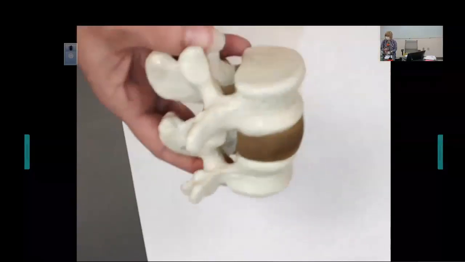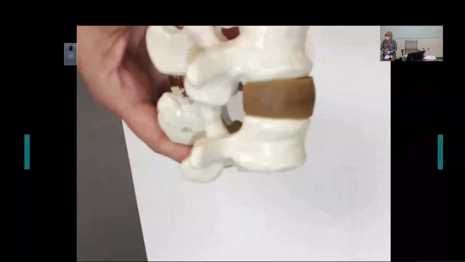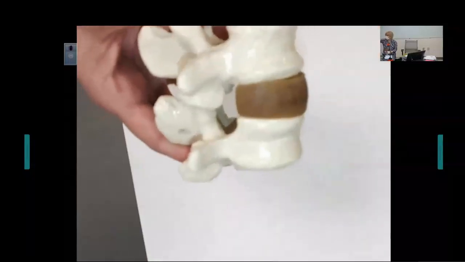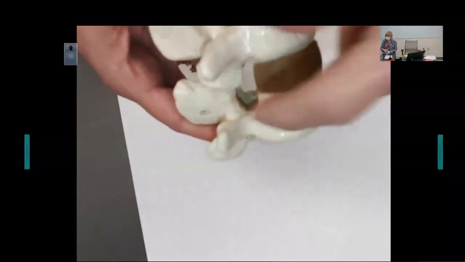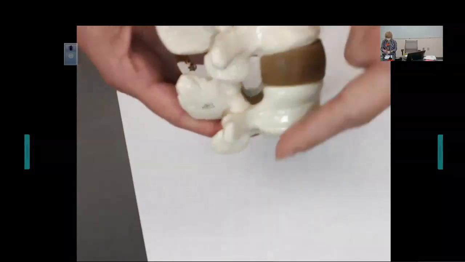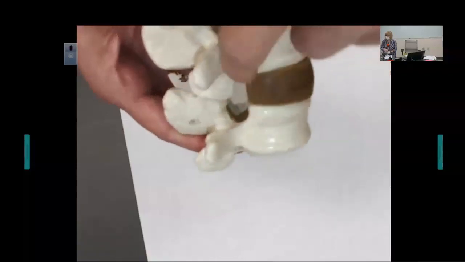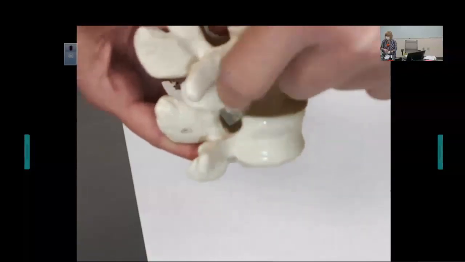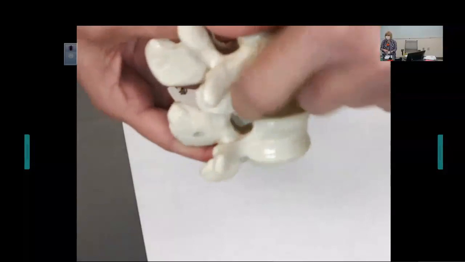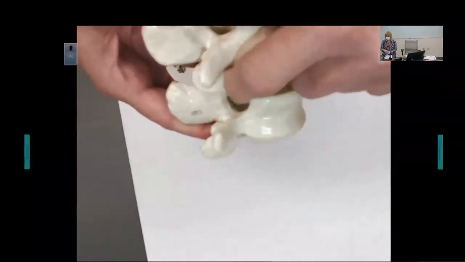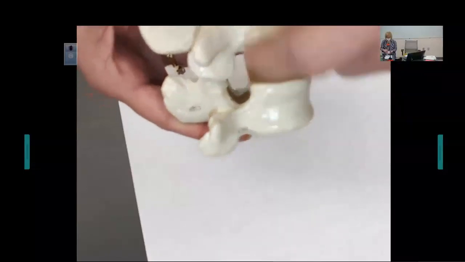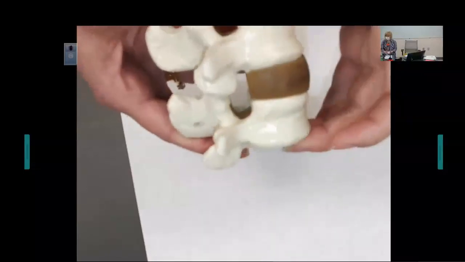Do you see this hole that's right there between the two of them? And on that model that's hanging up there, you can see the nerves coming out. Nerves come out here, but this is the hole that's in between these two vertebrae. So if I tag here, this hole here, that is the intervertebral foramen. Do you remember us talking about that last time? We did. Intervertebral foramen is the hole between the two, if they're connected.